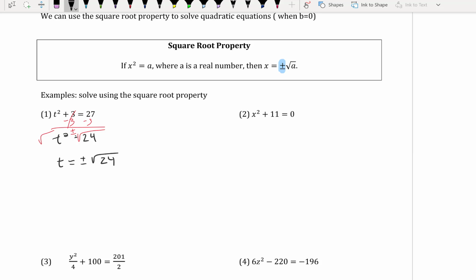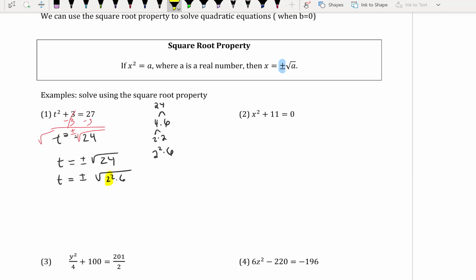And remember, we can simplify that square root of 24. Here, if you remember, 24 can be written as 4 times 6, so that's 2 times 2. So you can think of it as 2 squared times 6. So t is equal to plus or minus the square root of 2 squared times 6.